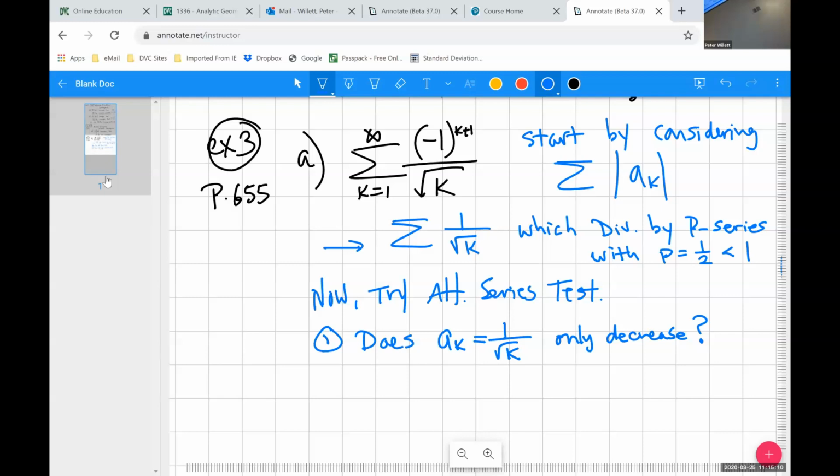So what do you guys think? Do these terms just decrease, decrease, decrease, decrease, or do they sometimes decrease, then increase, or go back and forth? As k gets bigger here, what happens? Anybody have an idea?